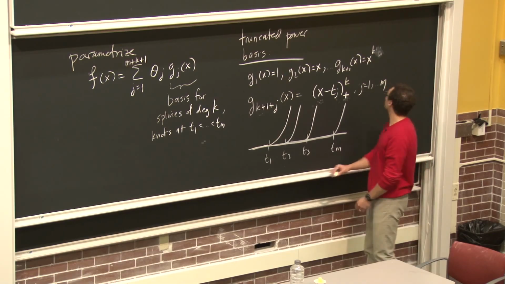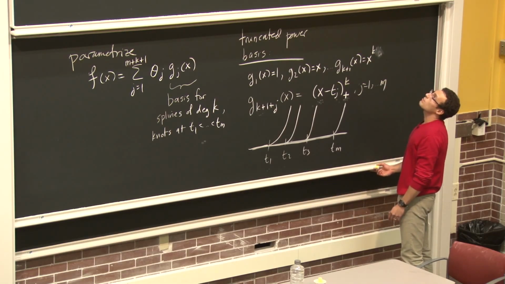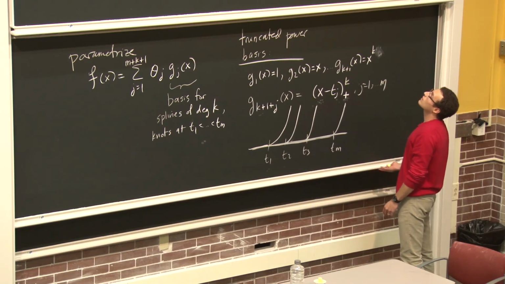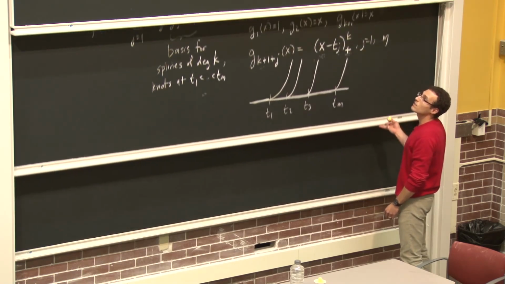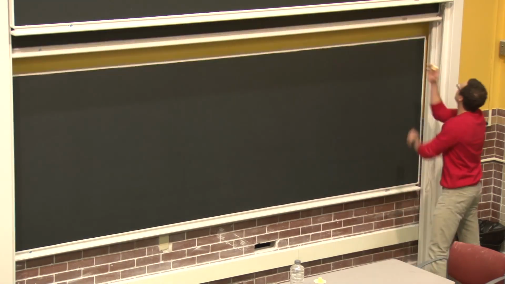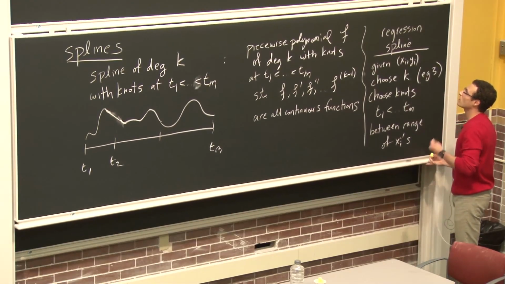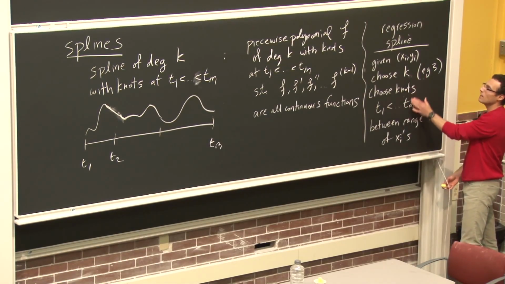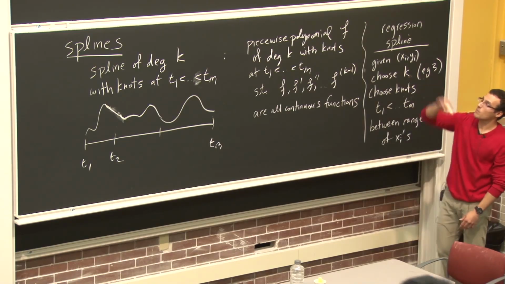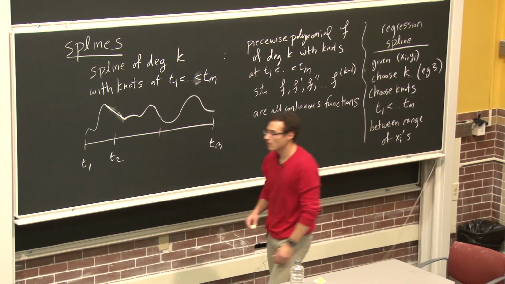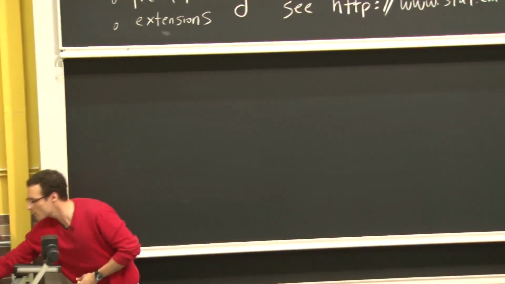Okay, so now let's get practical. Let's go back to regression splines. The first step is that I choose k, choose the knots. I parameterize f according to that form, where those are the truncated power basis functions.